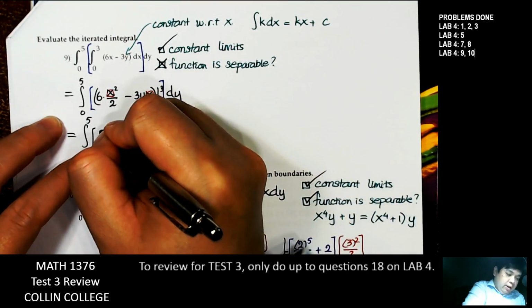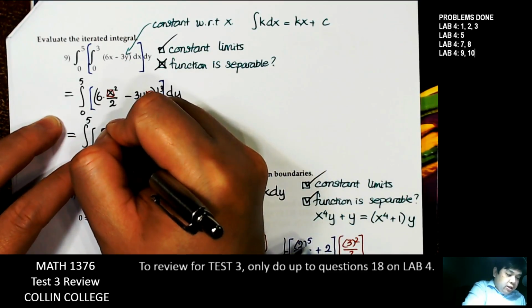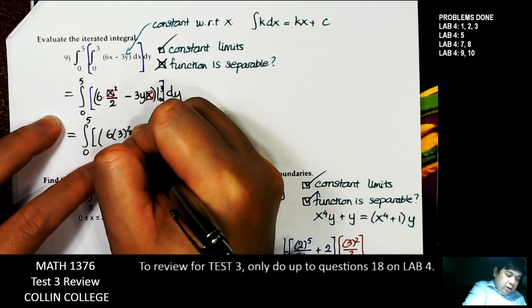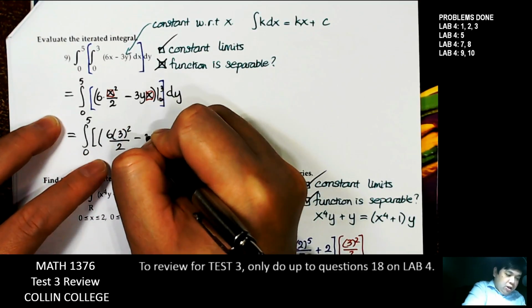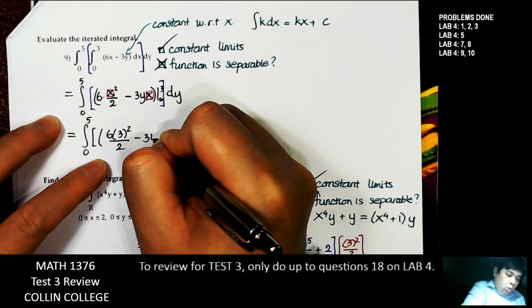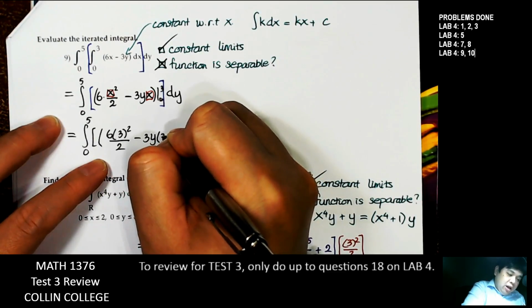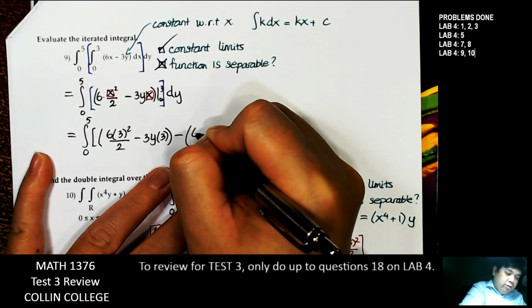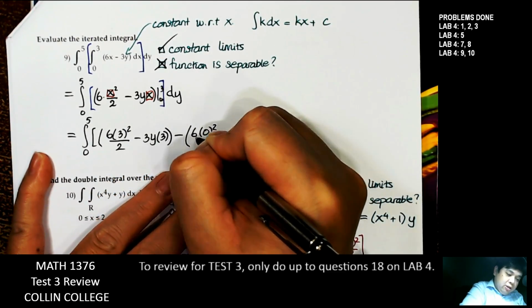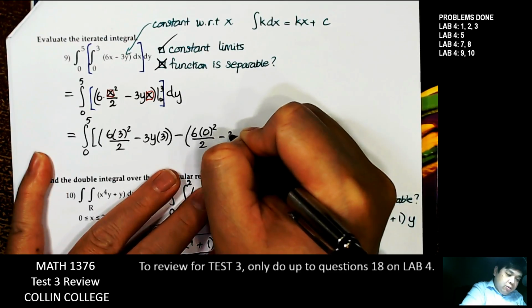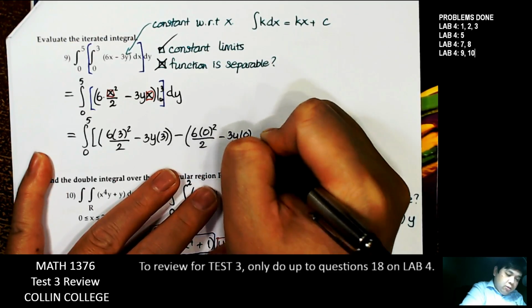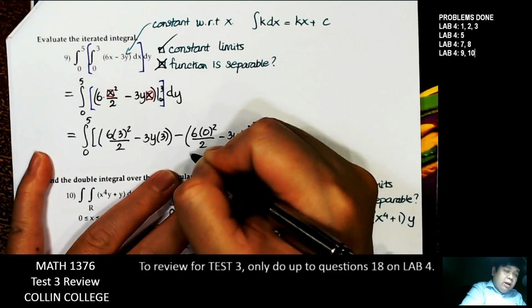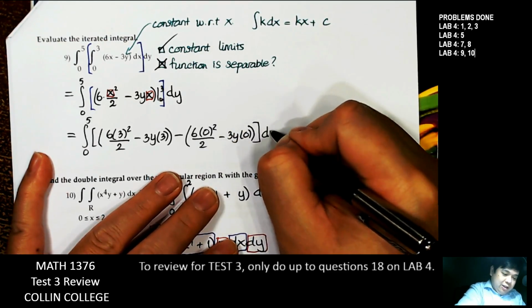So I have first put 6, 6 squared over 2 minus 3y times 6 for x, and then minus where we put 0 in for x. That is 0.